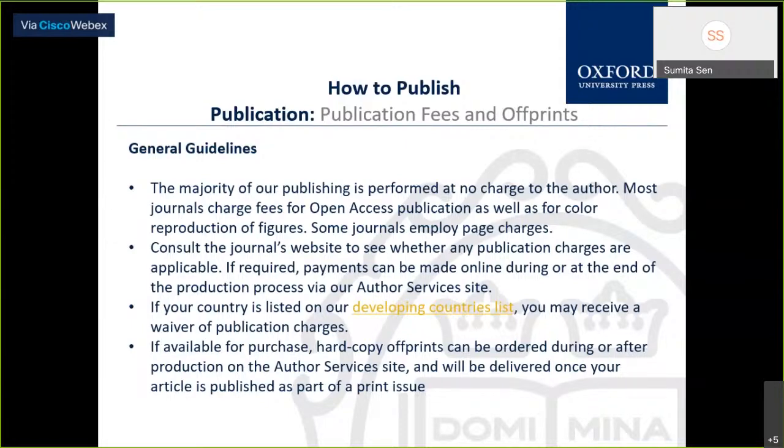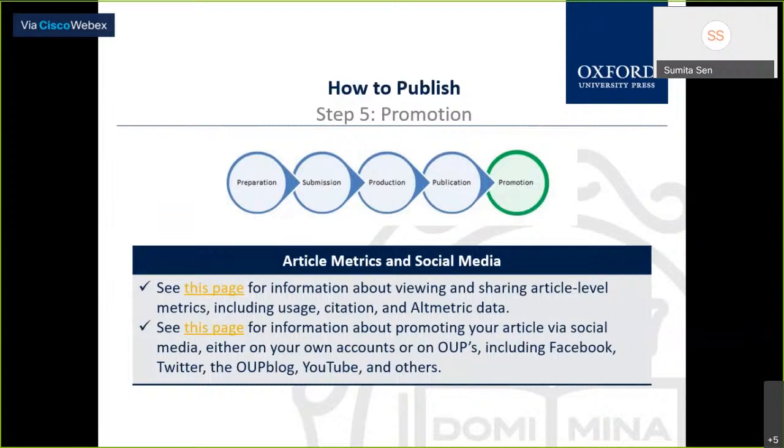Now, I'm not going into promotion of the article. This, you can go to the author services site and read how you can publish it in social media. Most papers are embargoed, from the time it is published to the time it is made open to the audience.